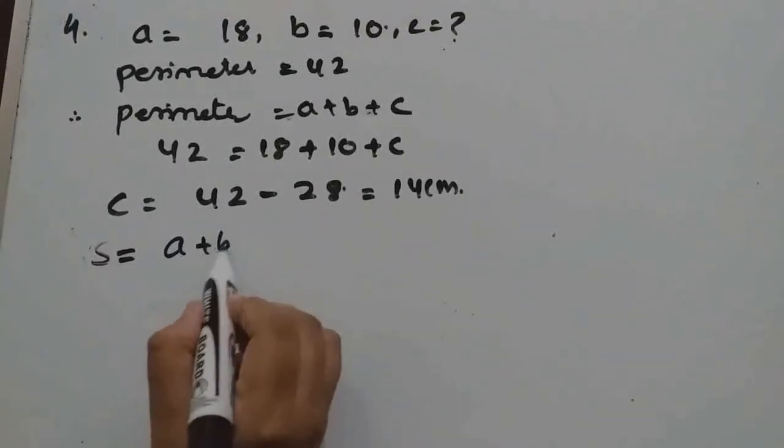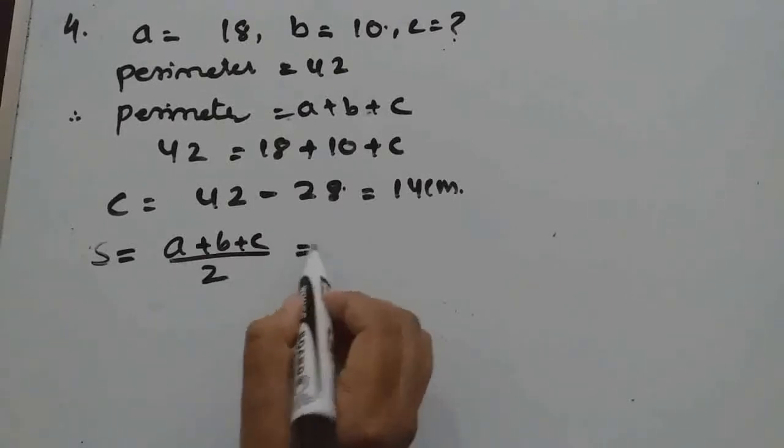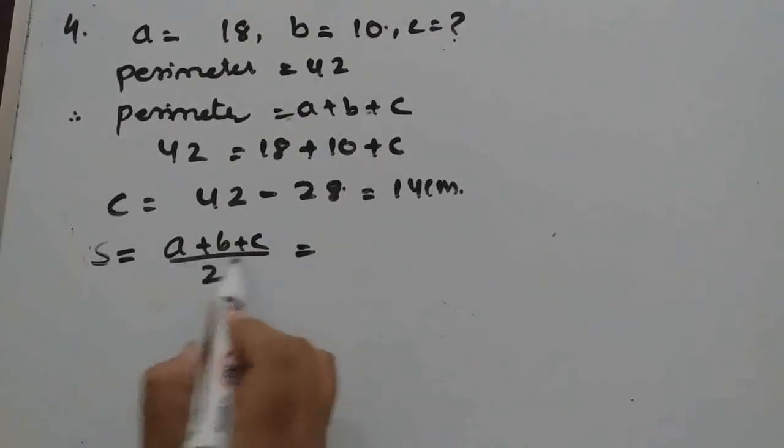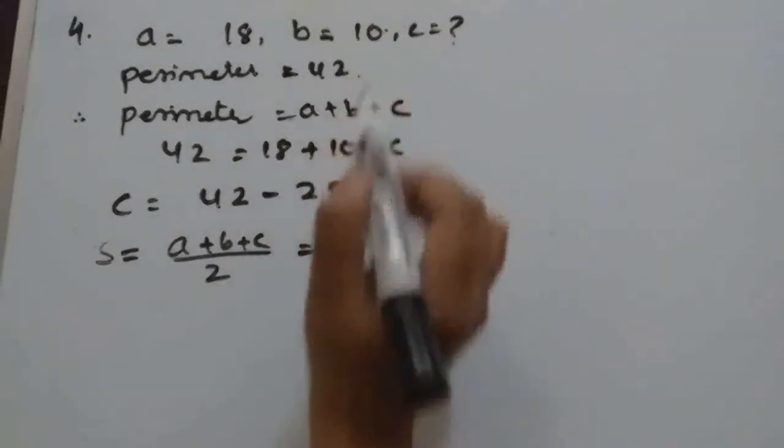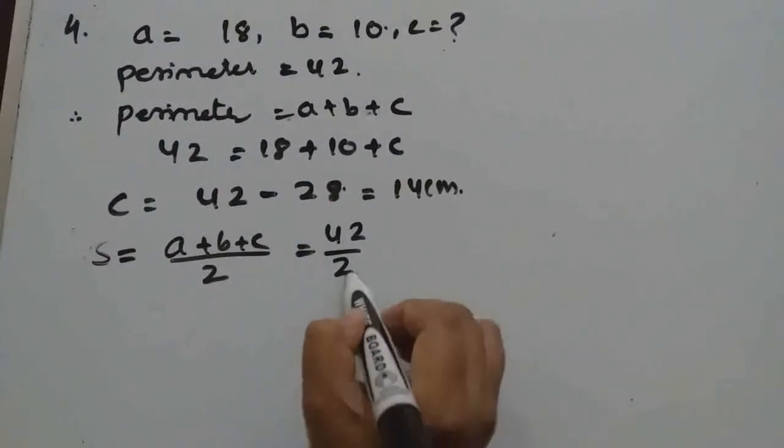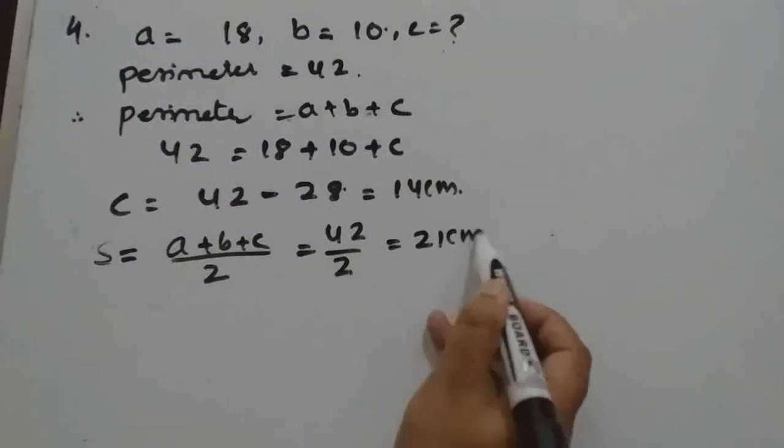So now after this we should find S. S is what? A plus B plus C by 2. So if you observe, the numerator is nothing but the perimeter. That we can write directly, 42 by 2. So the answer is 21 centimeter.